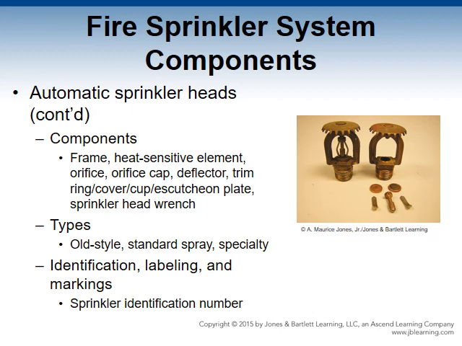You also have specialty heads, which emerged over the past 35 years to handle unique challenges in design situations. They have different physical characteristics from those standard spray sprinkler heads. They include some of the following subcategories, such as dry sprinkler heads, for environments where the temperature cannot be maintained at 40 degrees Fahrenheit or higher.